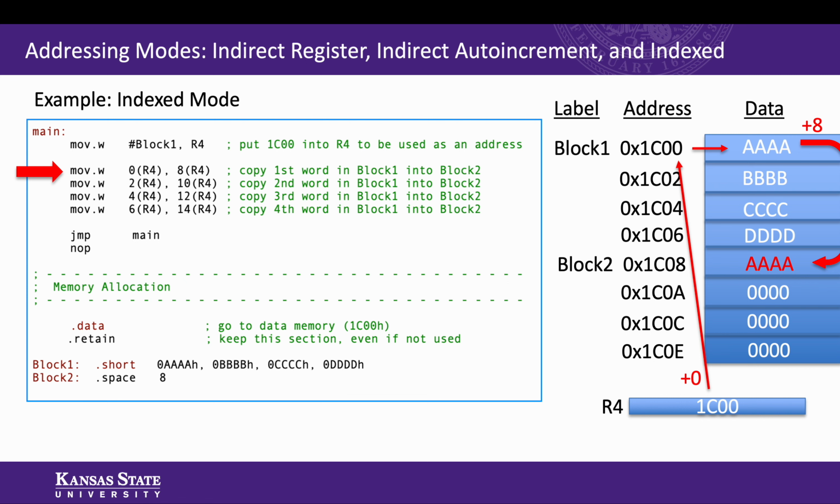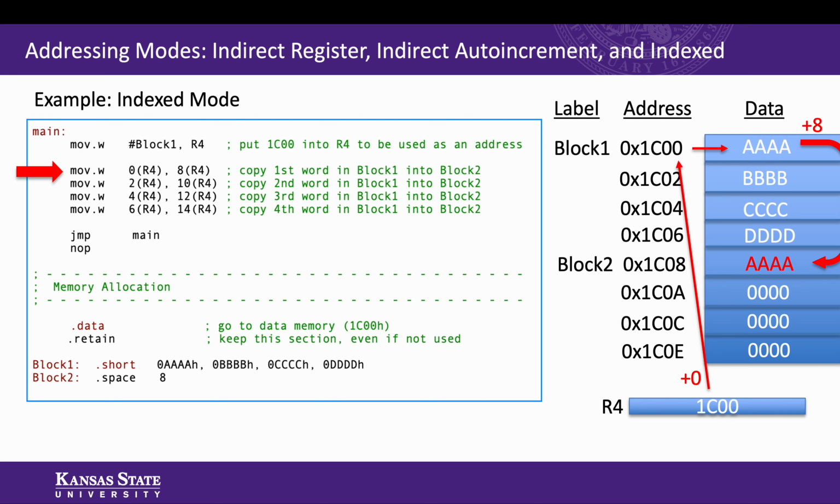And then the destination of that line is also R4 with 1C00, but with a constant 8 added to it. So now that points to 1C08, or the beginning of block 2 in data memory. So that's going to move AAAA, or copy it, to address 1C08 as shown there at right.